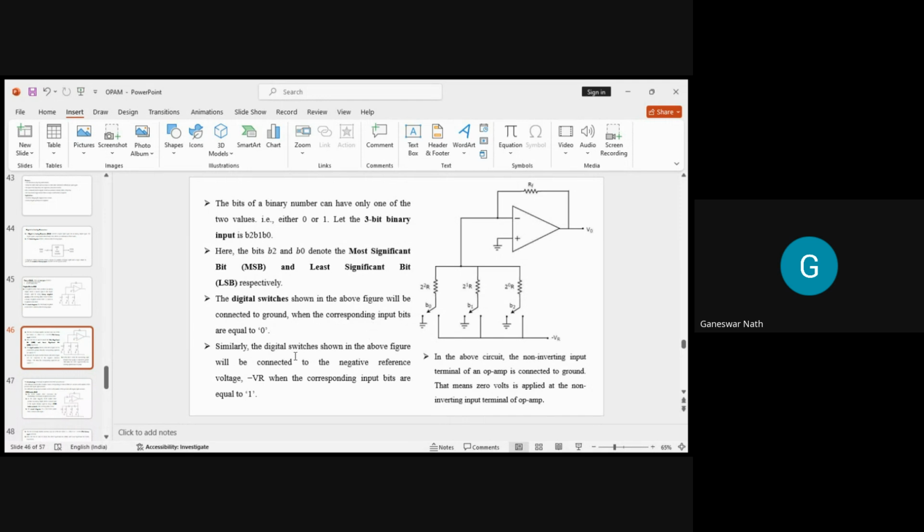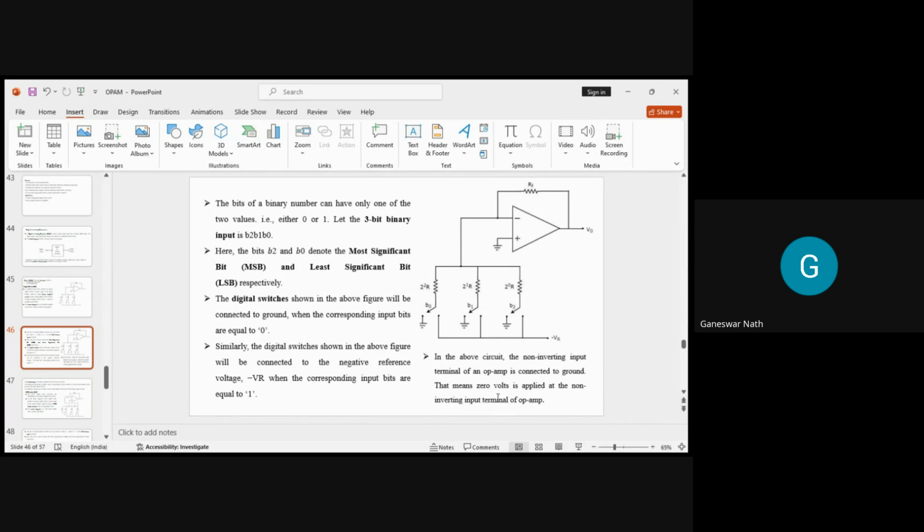And the digital switch shown in the above figure will be connected to ground when the corresponding input bits are equal to 0. Here you can find this is connected to the inverting terminal and ground. Similarly, the digital switch shown in the above figure will be connected to the negative reference voltage minus VR when the corresponding input bits are equal to 1.